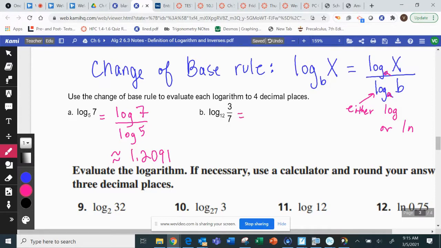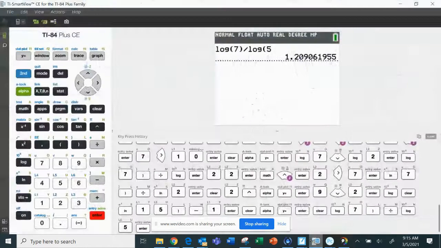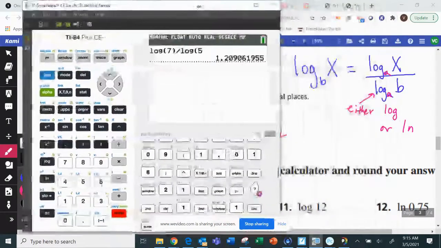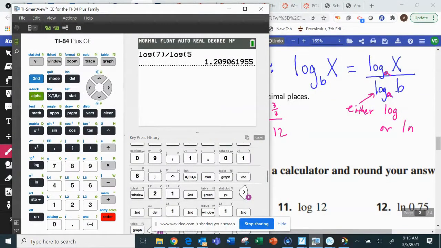Okay, so the next one says use the change of base formula. So I will do log 3/7 over log 12. That's the change of base formula. And then that's what we can use on our calculator. Type it in the calculator. Fingers on calculator.